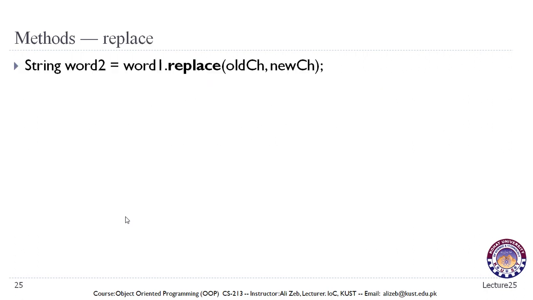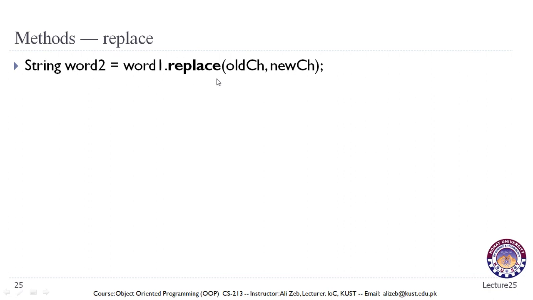We have a replace method that replaces one character with another character in a given string. So you have a string word 1 and you want to replace one character with another character in that string and store that string in another string word 2.